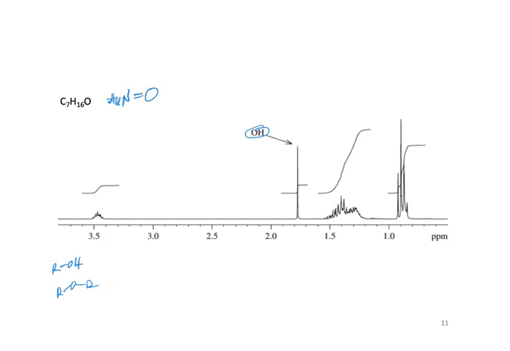Yeah, so that's an issue you have to take into account. At least be open to it, because a lot of times, depending upon your solvent, the OHs may or may not show up, or they'll be very broad.